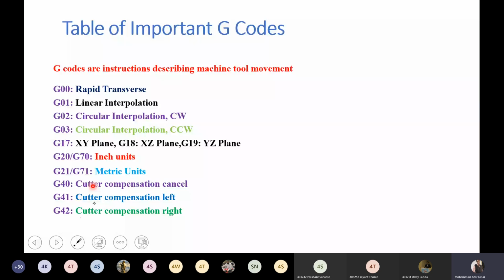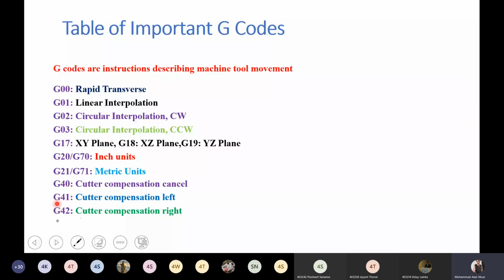Workpiece 0 means X, Y, and Z are 0 at that point with respect to the machine coordinates, that is, the workpiece coordinate system and the machine coordinate system MCS. So compensation is given with respect to the radius of the tool, and if you want to cancel that, you have to use this G40 code.